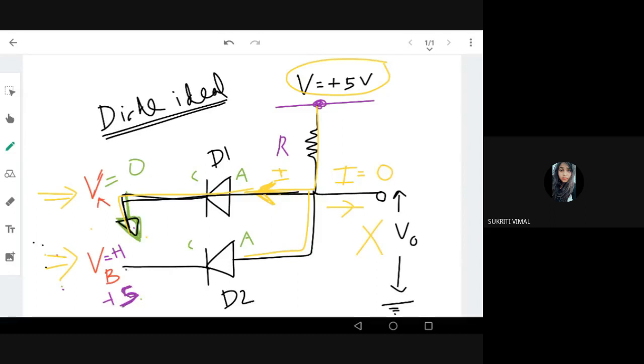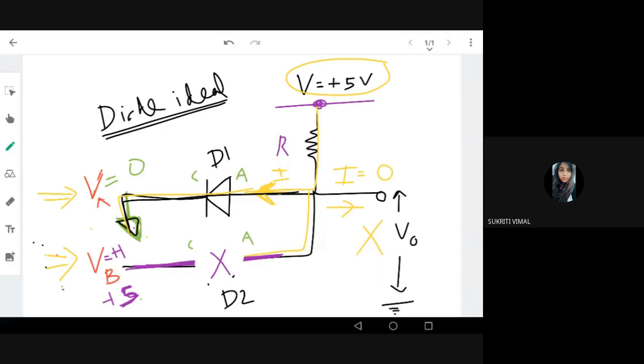We can say the cathode of diode 2 has a high voltage, while the anode already has a high voltage, plus 5 or something. The cathode has the same voltage, so there is no biasing, it is not forward biased. So it will not conduct, it acts as an open circuit, and there is no current flow there.